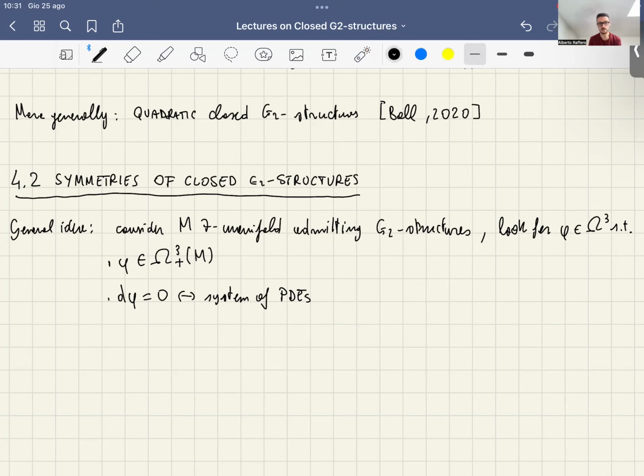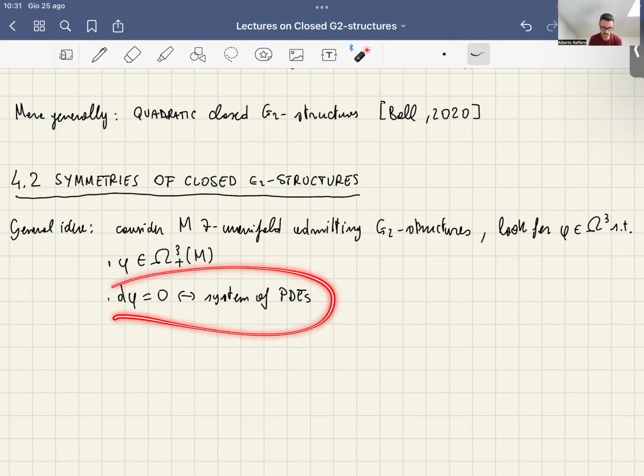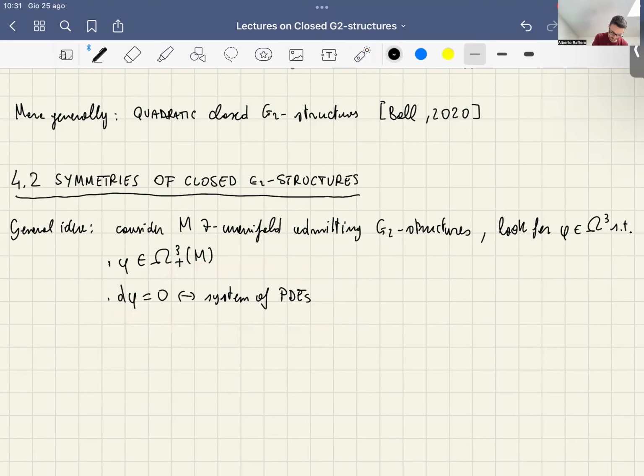And you have to use various types of analytic techniques to obtain these examples. So in general, you may impose some symmetries on the problem in order to simplify this equation you have here. So the idea is that symmetries may simplify the type of problem.